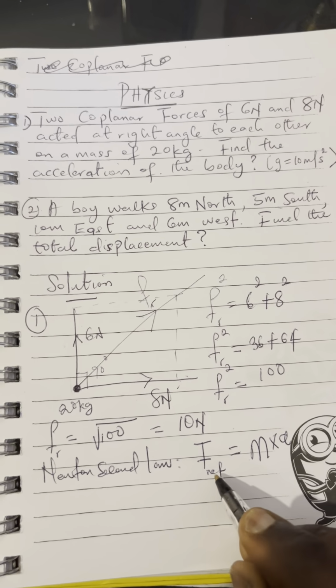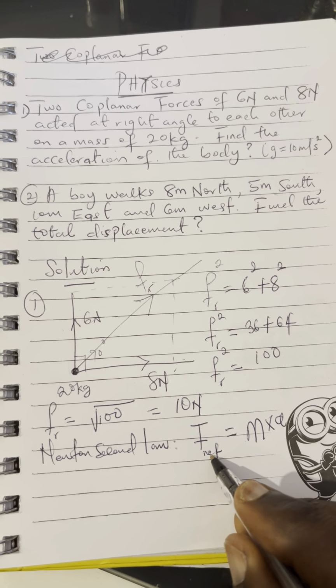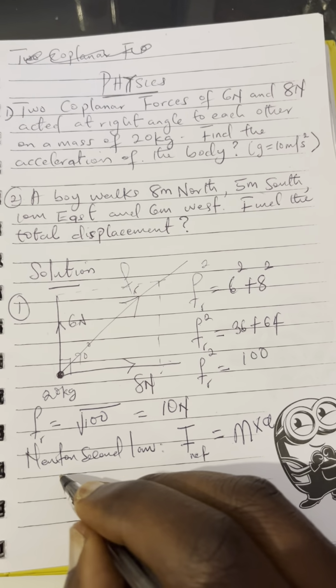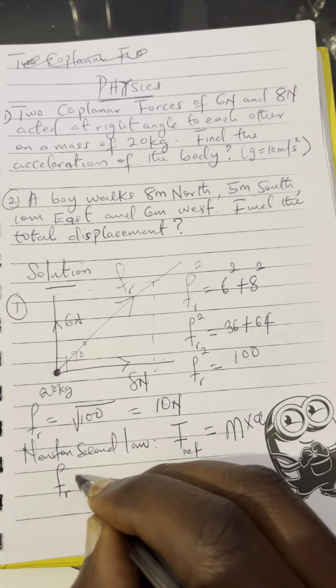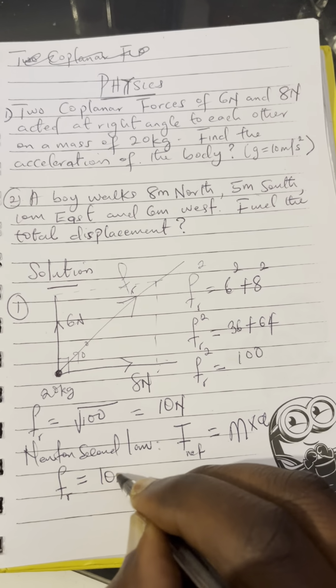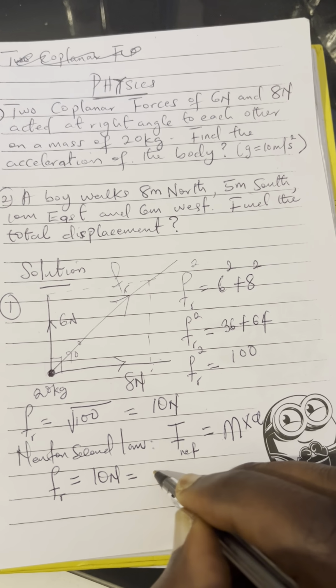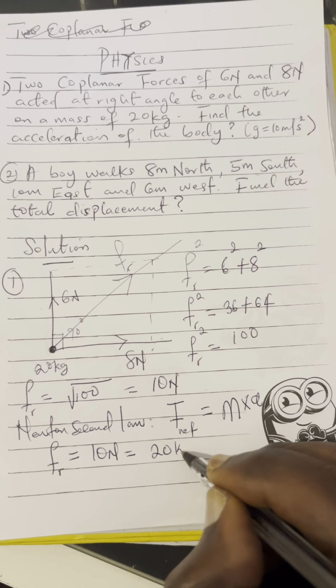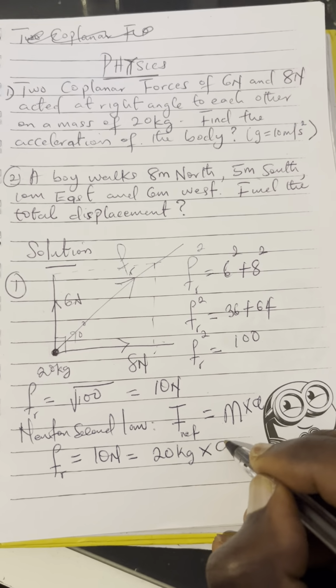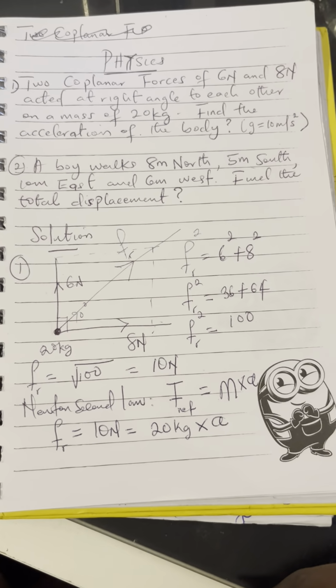In this case, the net force is the resultant force. So we have F of R, which is equal to 10 Newton, is equal to the mass, which is 20 kilogram, times what? Acceleration, which we are looking for.